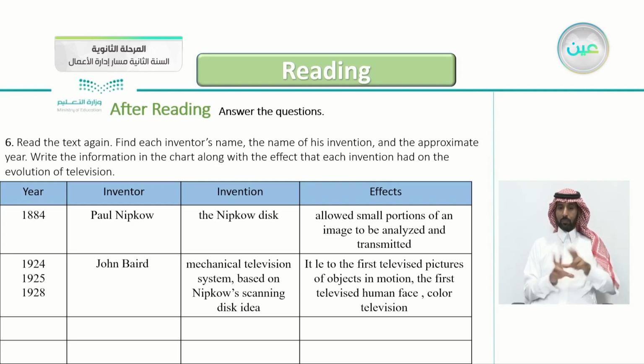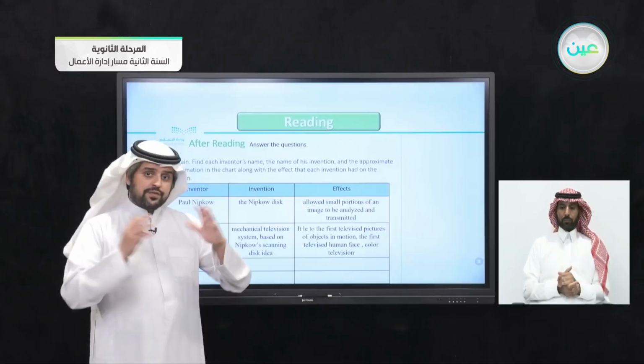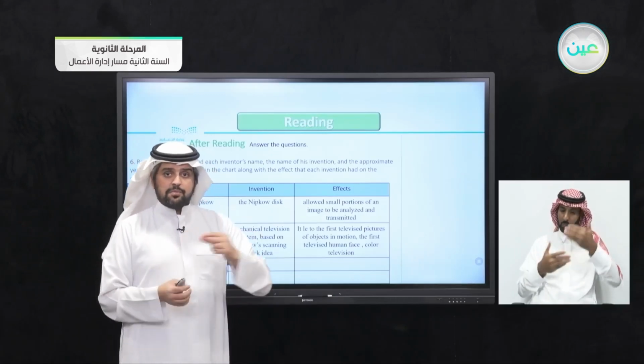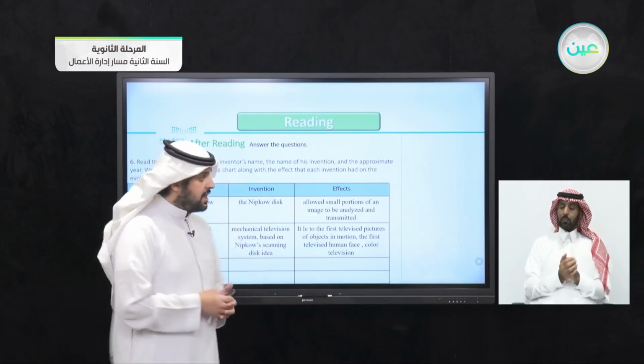The first one: the year is 1884. The inventor is Paul Nipkow. His invention is the Nipkow disc. The effect: it allowed small portions of an image to be analyzed and transmitted. So now you know that the invention of TV didn't come at once. It was step by step. It took time.